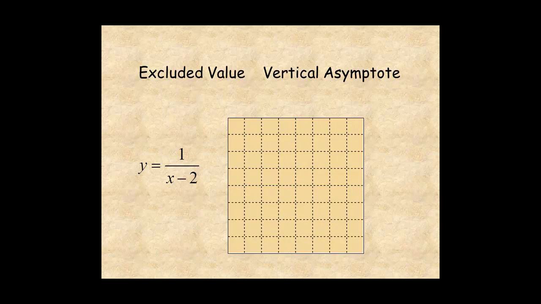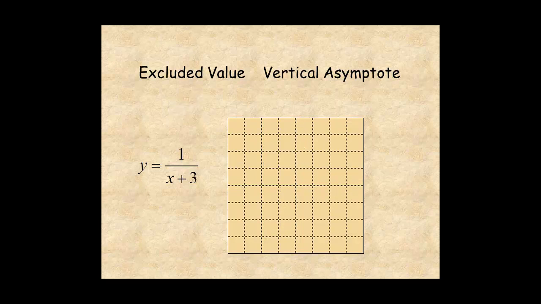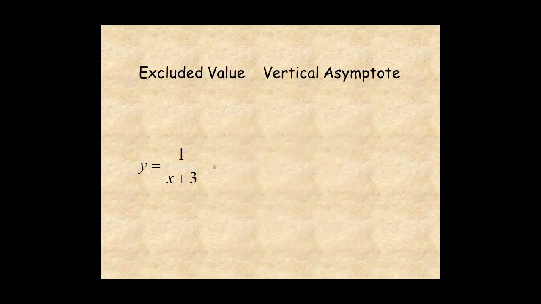For the function y equals 1 over x minus 2, there's an excluded value and a vertical asymptote at x equals 2. For the function y equals 1 over x plus 3, there's an excluded value and a vertical asymptote at x equals negative 3.